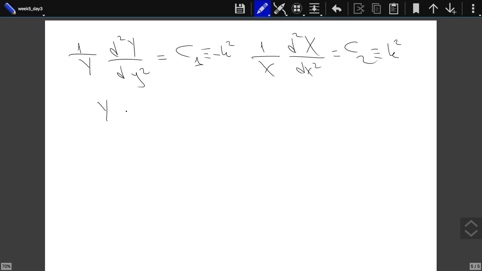So y will be equal to a times, well, this a can depend on k, I don't know. We will see.